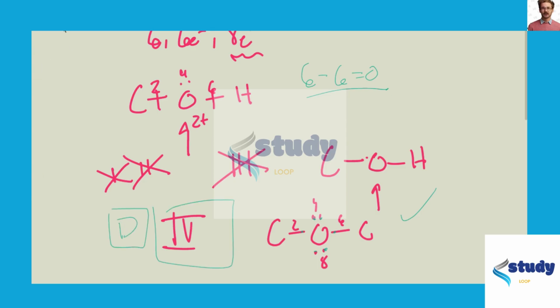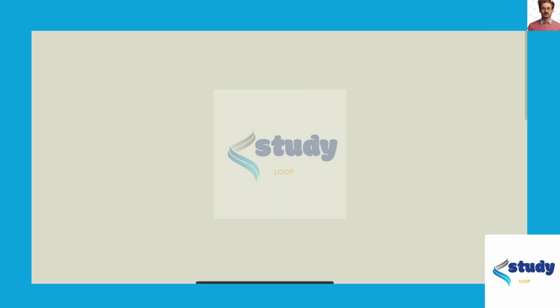Okay. There's some other problems on this sheet. We're looking for constitutional isomers. And so we see 1 carbon, 2 carbon, 3 carbon, OH. We see 1 carbon, OH, 3 carbon. We see 1 carbon, 2 carbon, oxygen, 3 carbon.